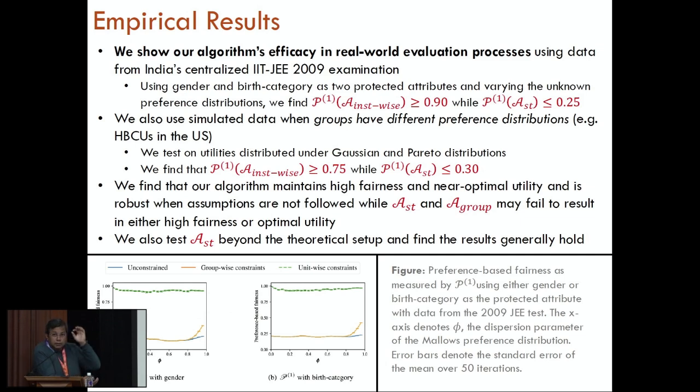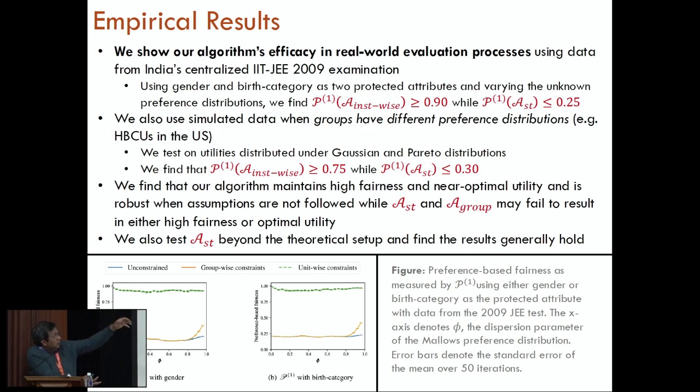So we also conduct some empirical results where we go back to the context, which is the Indian Institute of Technology joint entrance exam, the IIT JEE results, and we show a distinct advantage that the algorithm we propose has.